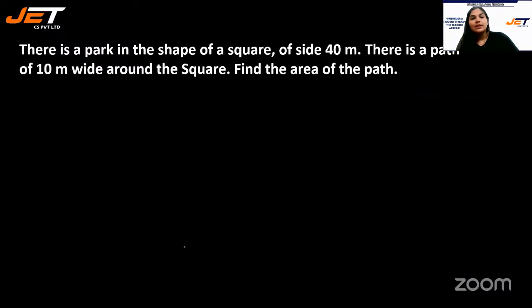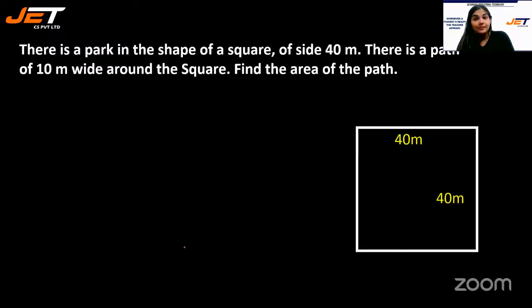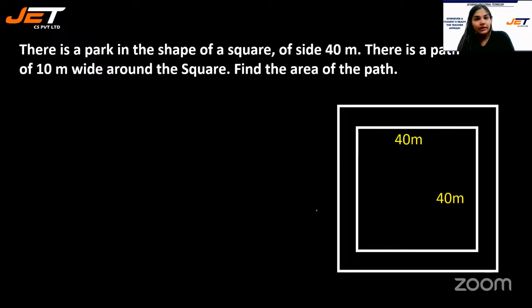Okay. Let's go to the next question. There is a park in the shape of a square of side 40 meters. There is a path of 10 meters wide around the square. Find the area of the path. So I want you to do this first. Please do it.